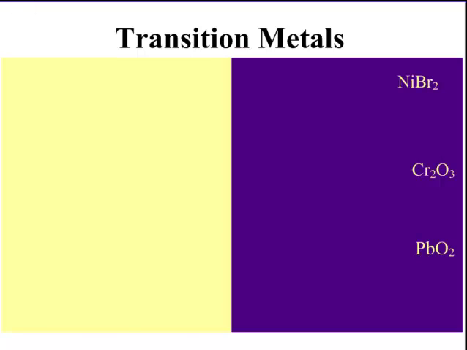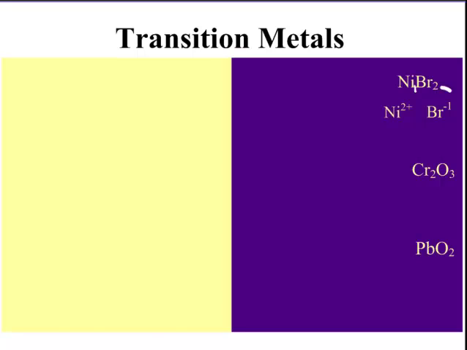In this example, nickel has an understood 1 subscript. So crossing that back up suggests that bromine here is a -1 ion. Doing the same thing with the 2 on the bromine suggests that nickel here is a +2.